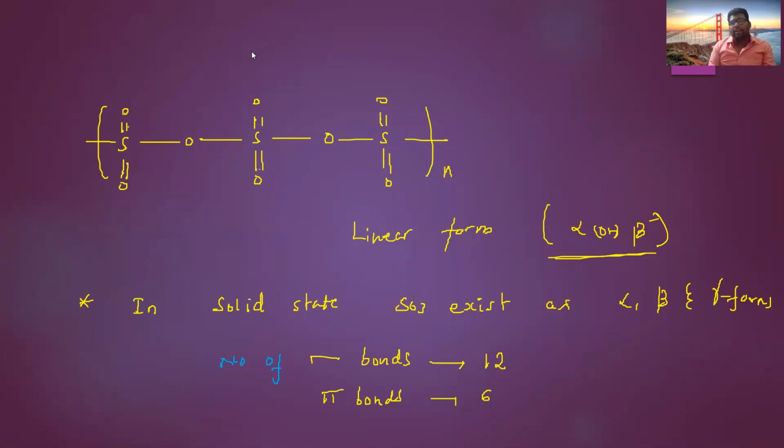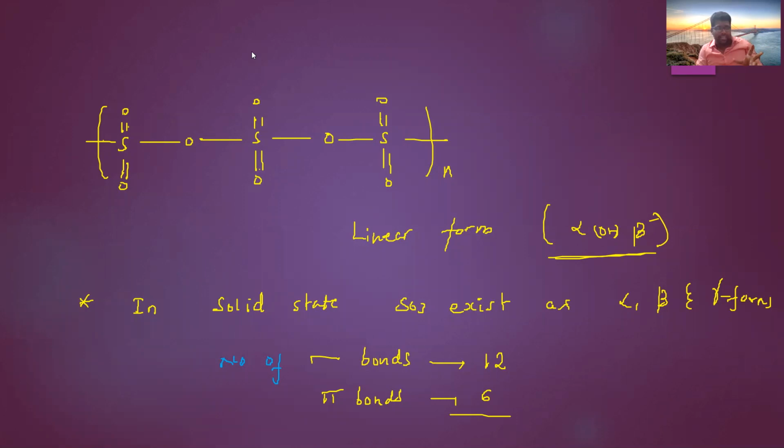Every double bond also has one sigma bond, 6 sigma bonds. 1, 2, 3, 4, 5, 6. Total 12 sigma and 6 pi bonds are present in the linear form of sulfur trioxide.